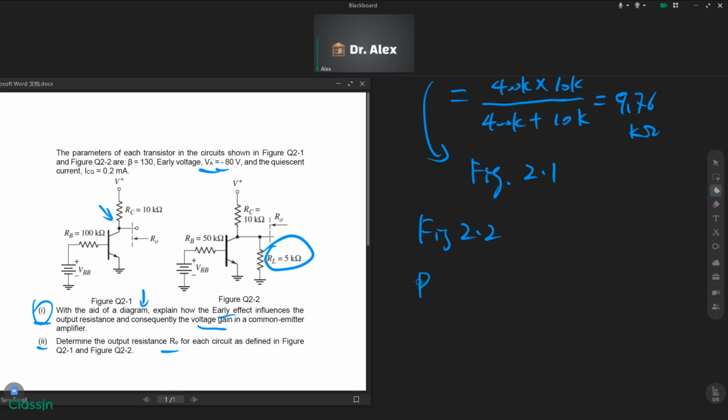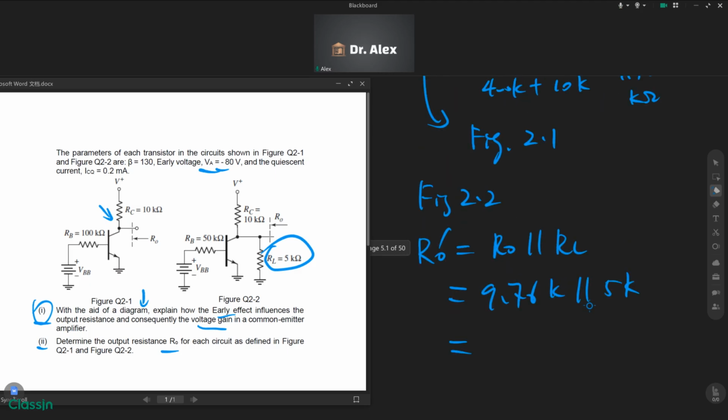So the output resistance for figure 2.2 will be RO in parallel with RL, which is 9.76K in parallel with 5K. The answer is 3.31 kilo ohm.